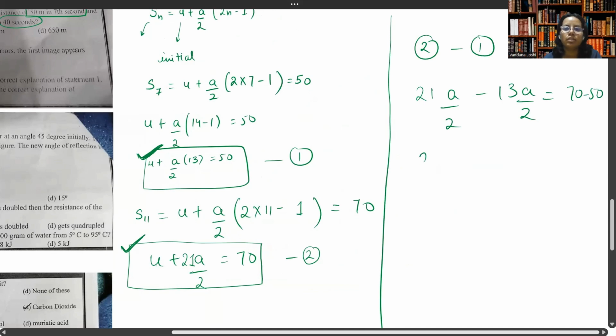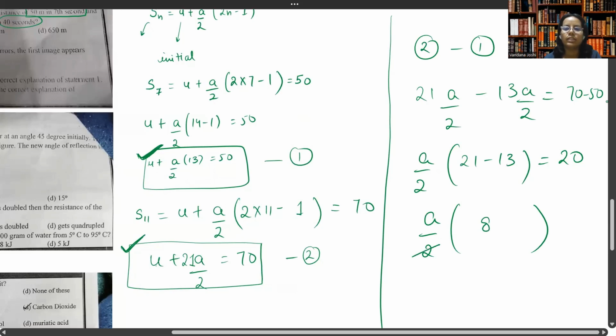A over 2 is common, so we can take it out. A over 2 times (21 minus 13) equals 70 minus 50. This is going to be 20. Now 21 minus 13 is going to be 8. This will cancel out to give you 4a equals 20. So your acceleration comes out to be 5. This is 5 meters per second square.